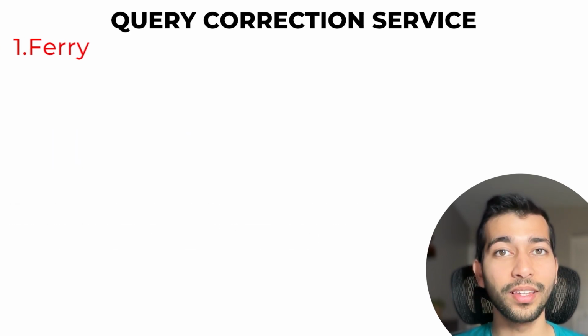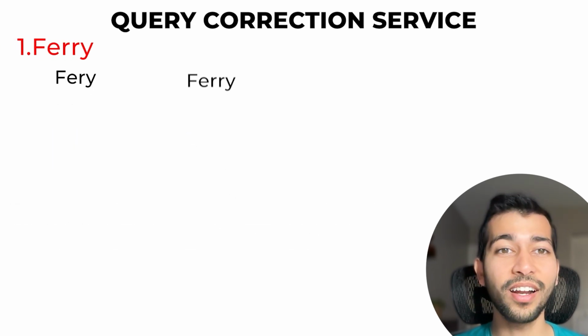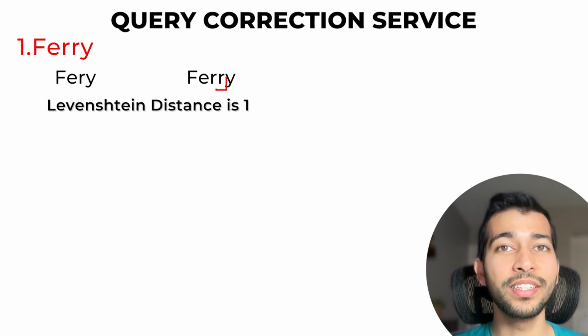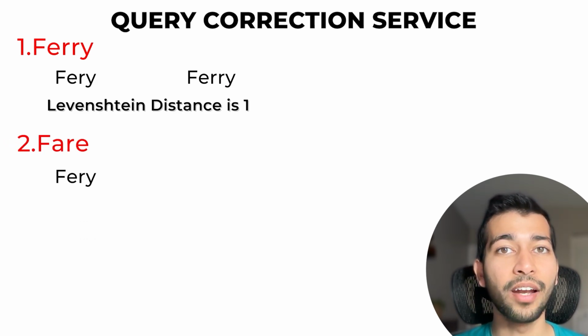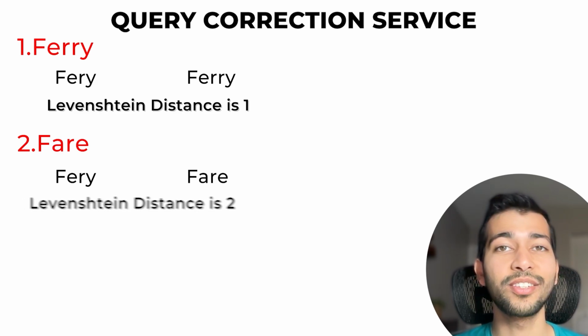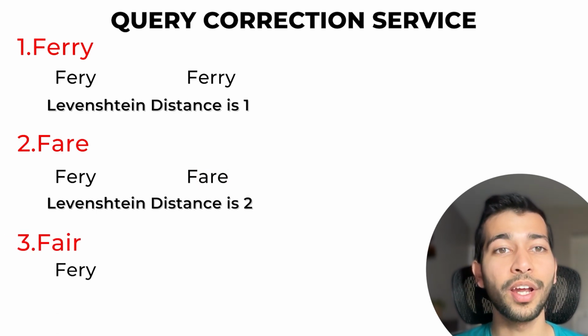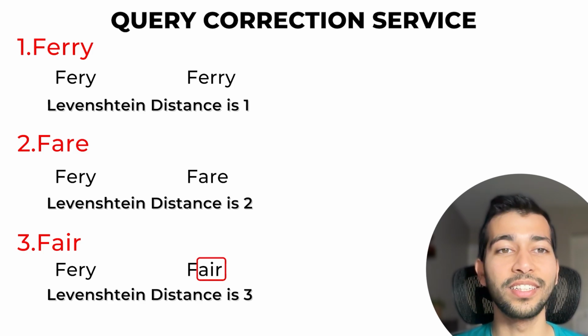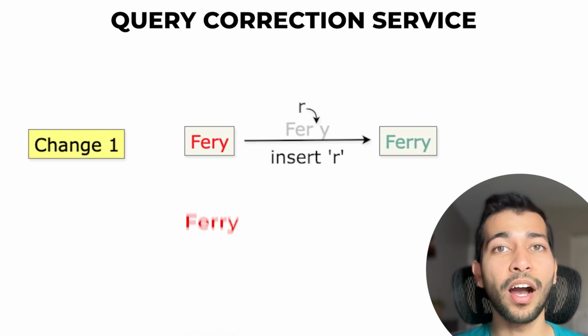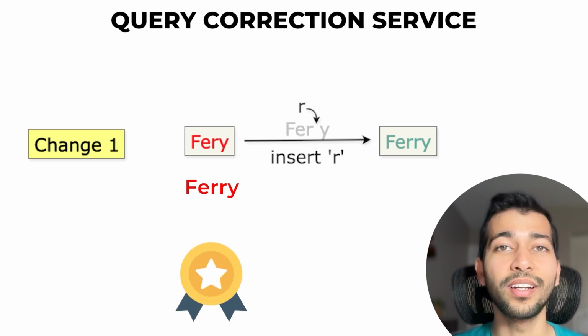So in our case, the words FERY and FERRY had a Levenshtein distance of 1 because we only needed one change, that is adding R. For FERY changed to FARE, fair, that had a Levenshtein distance of 2 because we needed two changes. Similarly, for converting FERY to FAIR, we saw a distance of 3 because we needed 3 changes. So that is why FERRY was chosen as the winner, because it has the shortest distance.